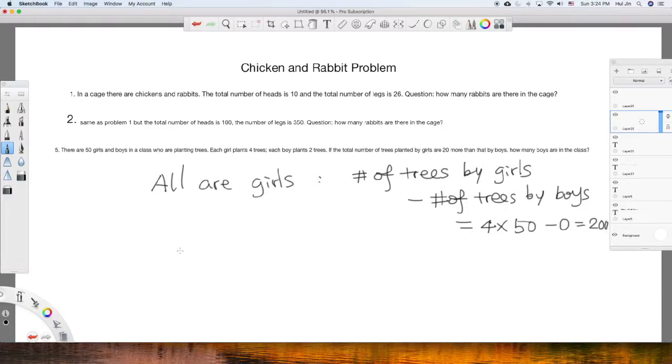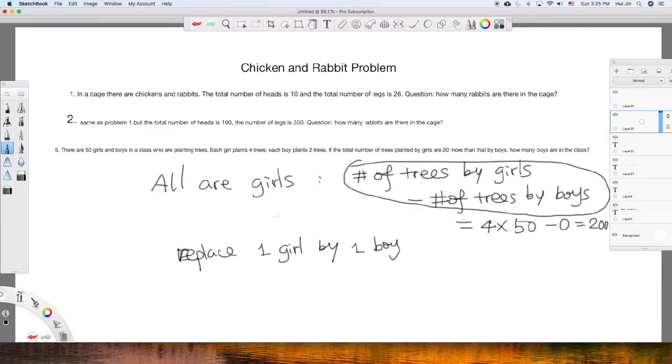And every time, if we replace one girl by one boy, what is the change in terms of this quantity, the number of trees by girls and the number of trees by boys? So you are going to take out 4.